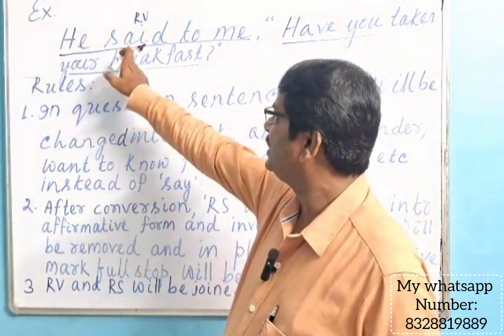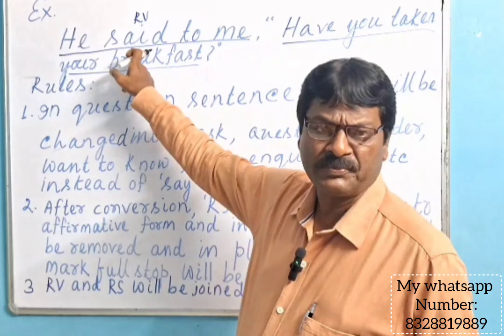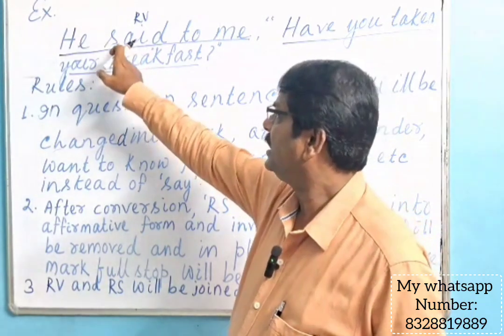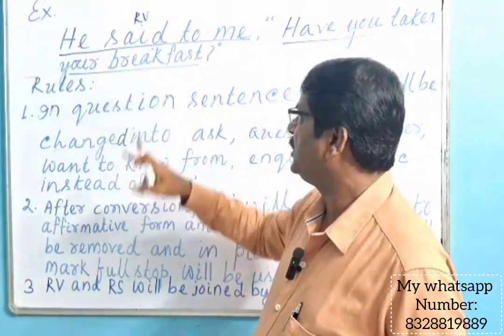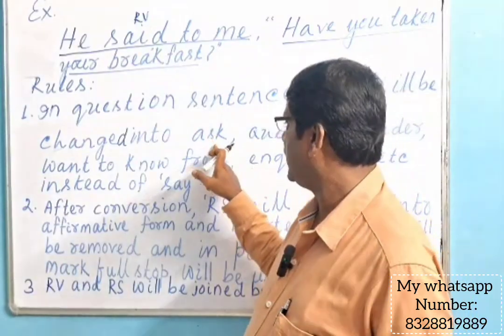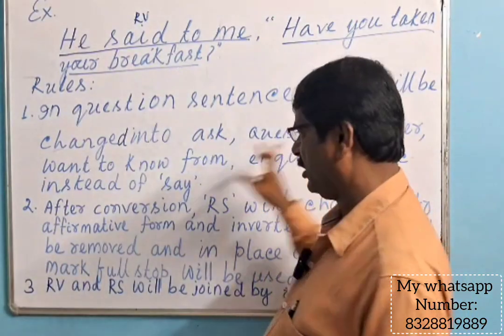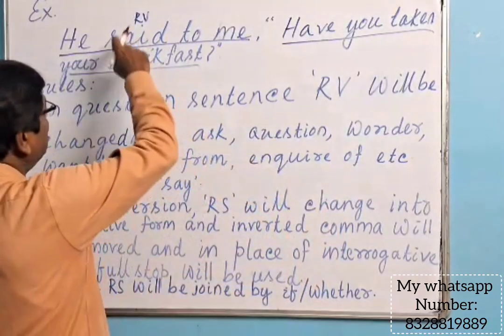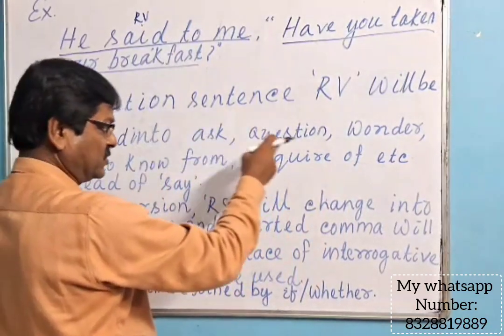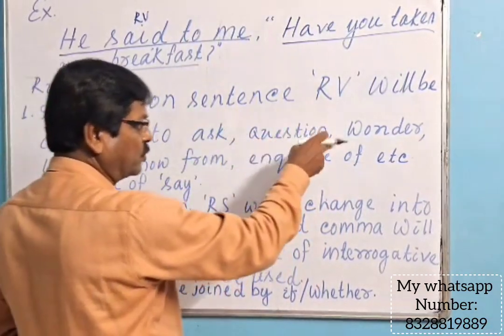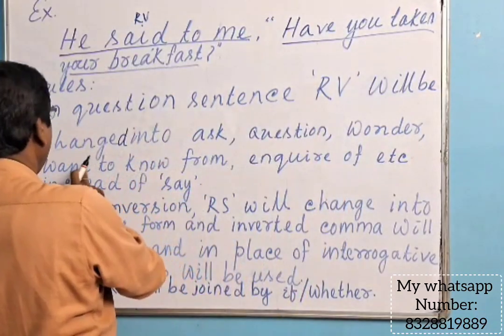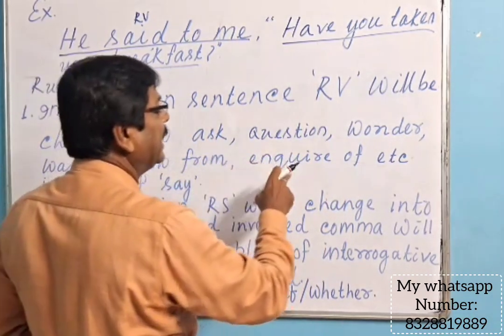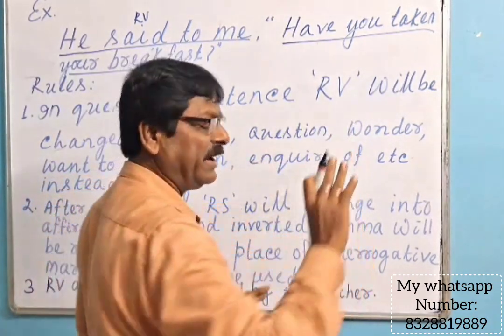But when it is in present tense or future tense, in present tense say, it may be converted to ask, question, wonder, want to know from, inquire of. If it is says, it will be asks, questions, wonders, wants to know from, inquires of, etc.